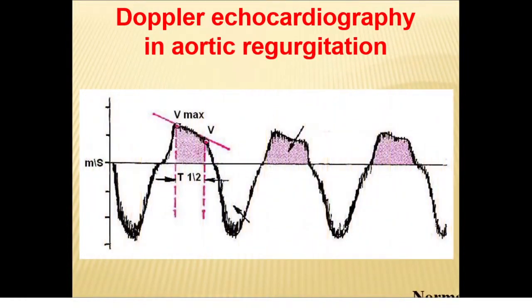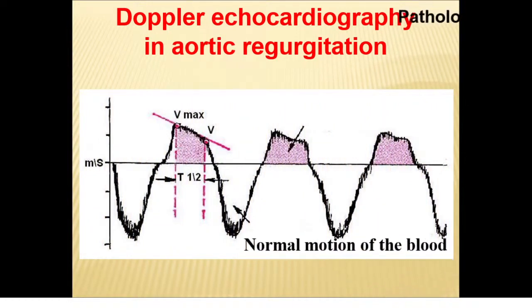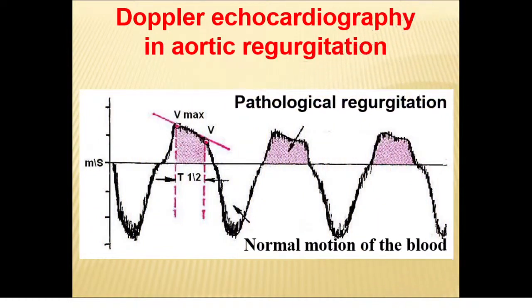Let's see the echocardiography of a patient with aortic regurgitation, which is backflow of blood through the unclosed aortic orifice. We saw this echocardiogram without the graph, only the heart chambers.